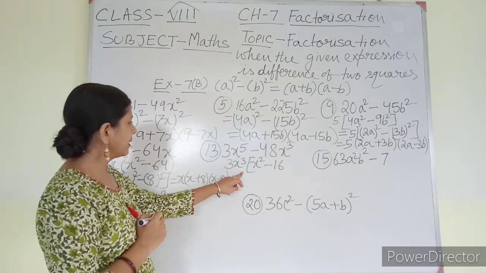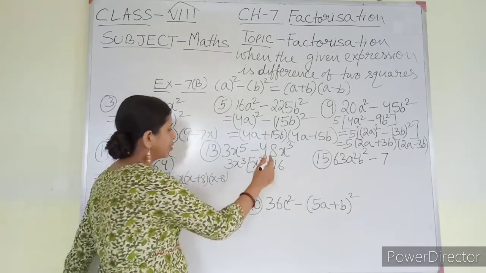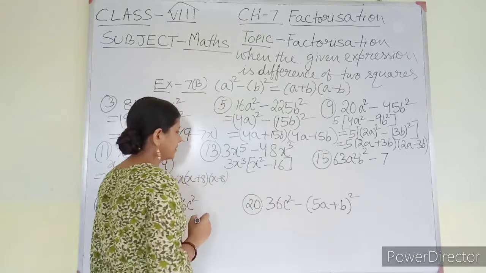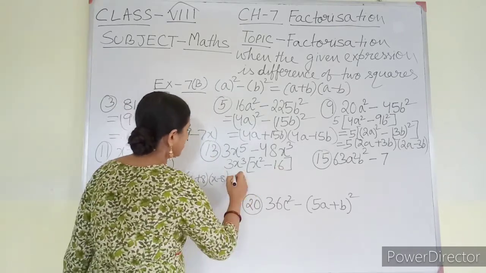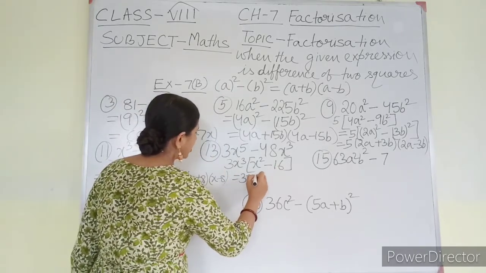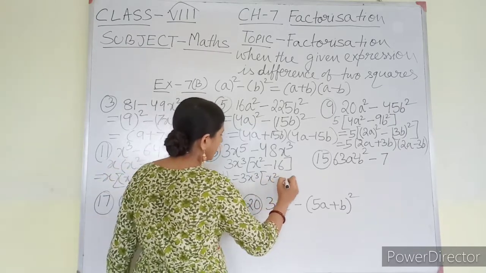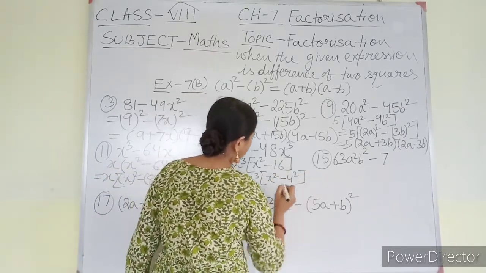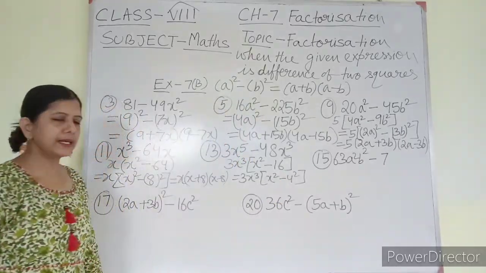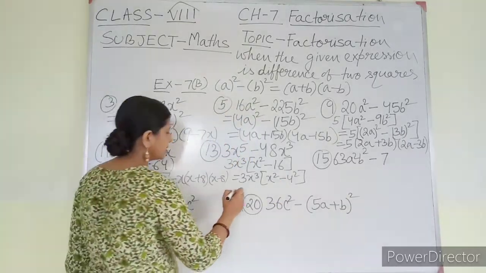As I have taken x cube common, so here no x is left. Now 16 can be written as 4 square. So I can write x square minus 4 square. So this can again be written as a plus b, a minus b.